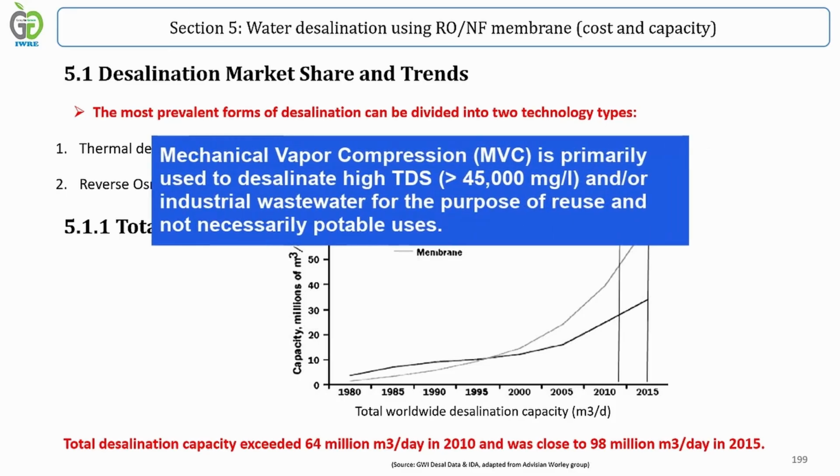Mechanical vapor compression or MVC is primarily used to desalinate high TDS bigger than 45,000 mg per liter and or industrial wastewater for the purpose of reuse and not necessarily potable uses.